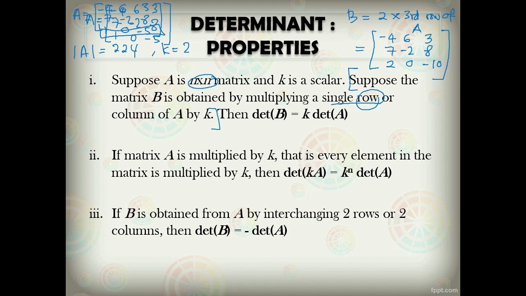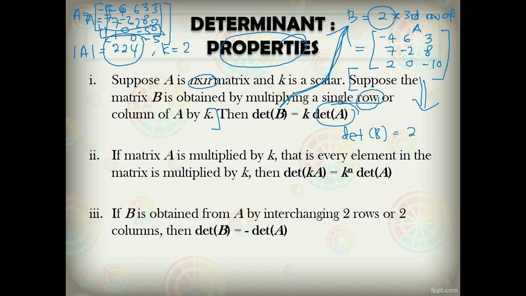So if I ask you to find the determinant of matrix B, by knowing the property of the determinant, you do not need to repeat the same process of finding determinant A, because you already know determinant A is 224. You multiplied by 2 as a scalar, so by applying the property, determinant B is simply 2 times 224, which is 448.